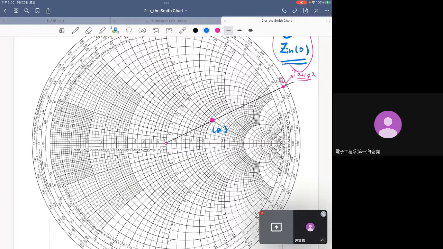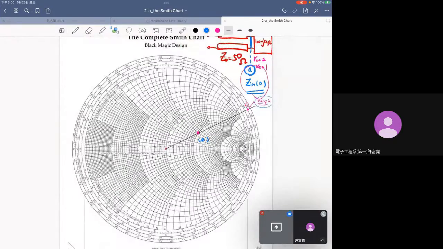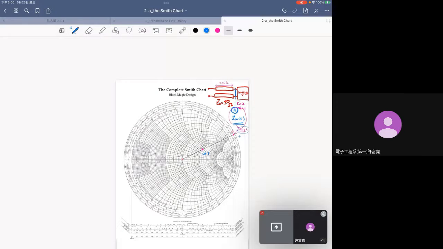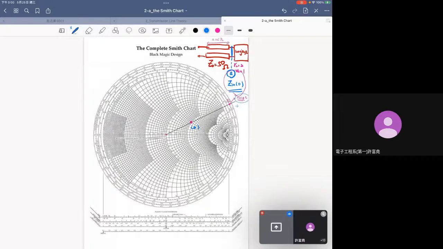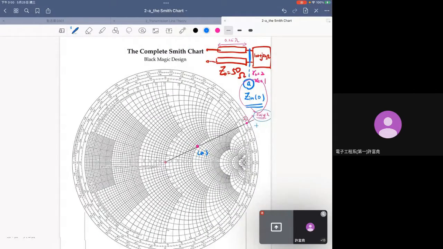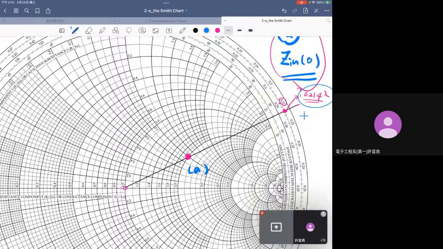Use this number first and then add, depending on how long your transmission line is. If it is a quarter wave transmission line, you add 0.25 to the number, which will equal 0.464 lambda.